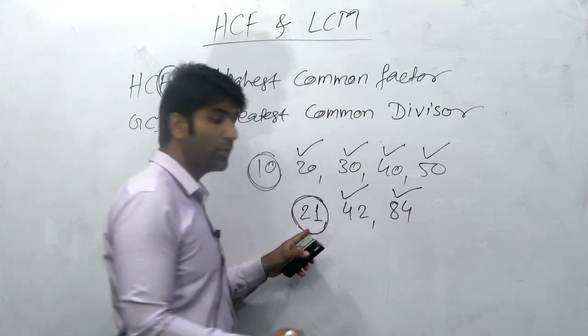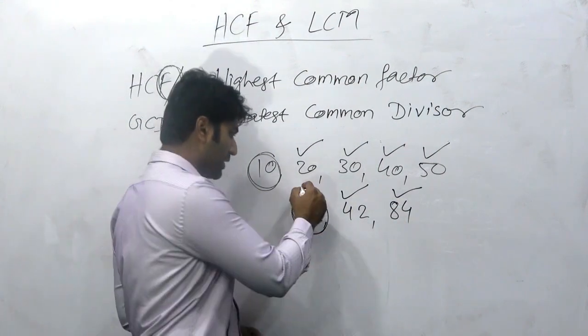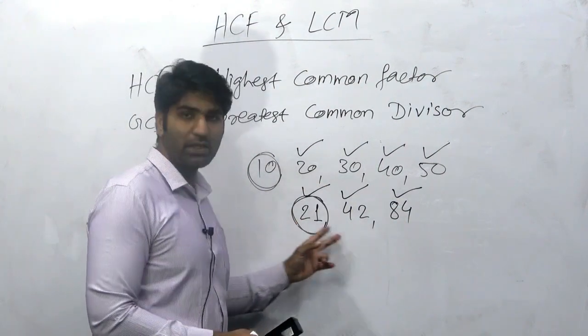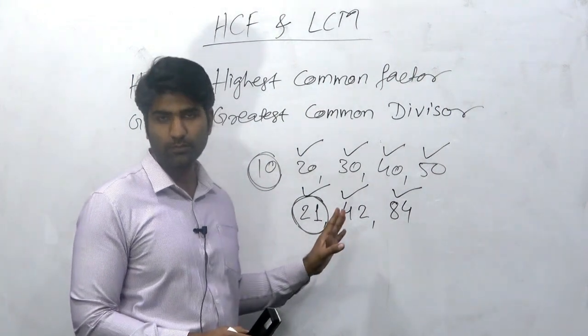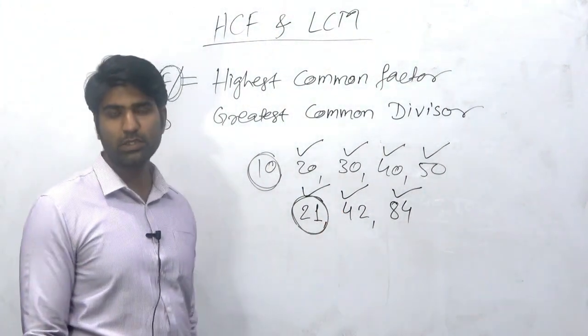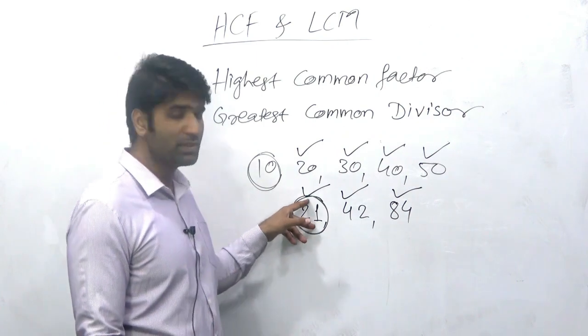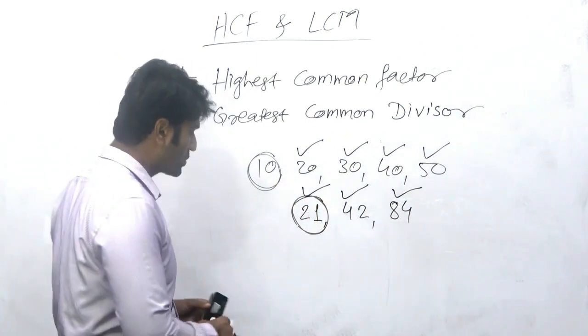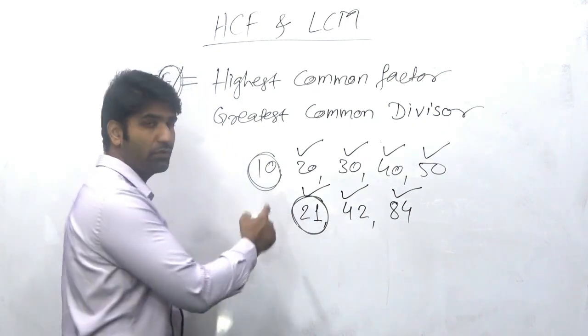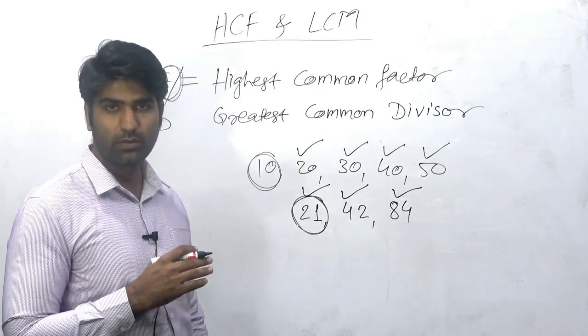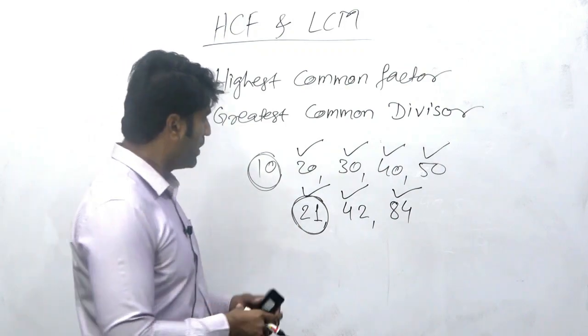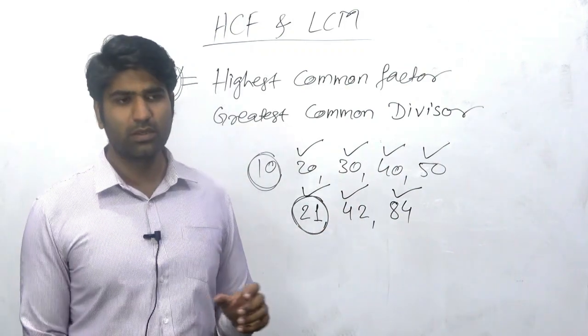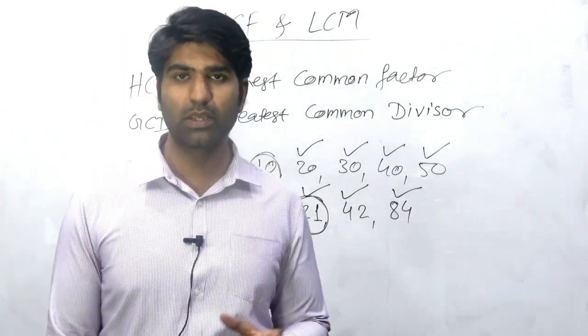Yes. Can 21 divide 21 itself? Yes. Therefore 21 is the common factor of all. Right? 21 is the common factor, as well as it is the highest common factor. Therefore HCF is 21.